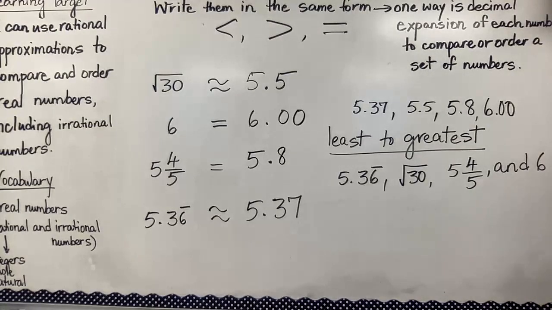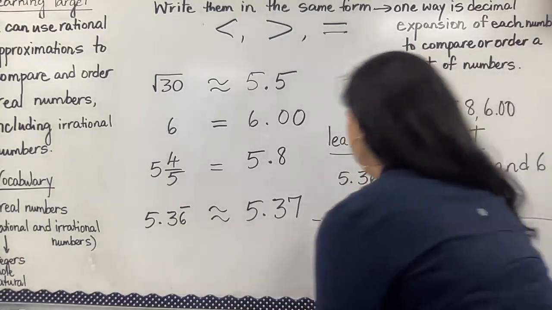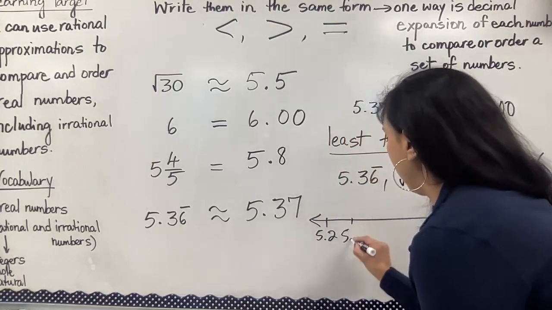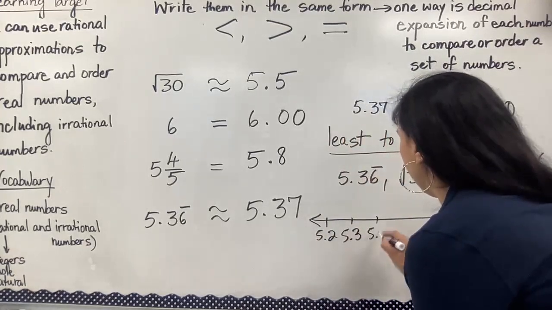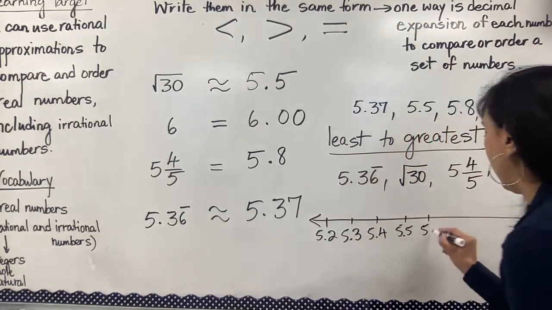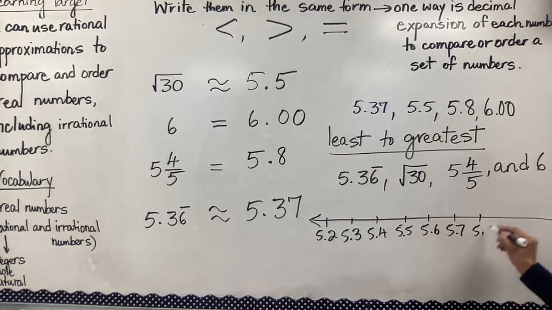If I were to graph this on a number line, I am just going to make the number line like this: 5 and 2/10, 5 and 3/10, 5 and 4/10, 5 and 5/10, 5 and 6/10, 5 and 7/10, 5 and 8/10, 5 and 9/10, and 6.